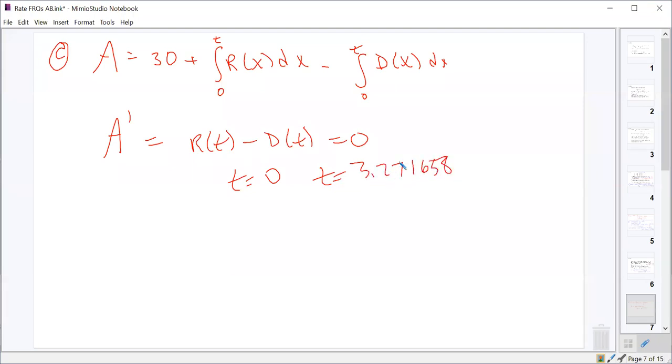And because this is a closed interval, we will also check the other endpoint. Let me just finish writing this out, and then I'll answer your question.